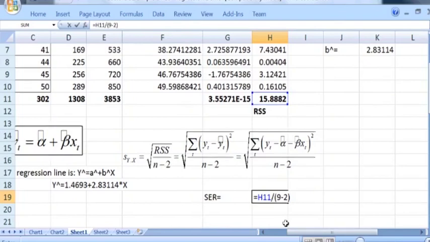Note that I have used the parenthesis because I want Excel to first calculate 9 minus 2, which is 7, and then divide H11 by this resultant number. Or you can write 7 directly instead of 9 minus 2. So this will give us RSS divided by n minus 2.